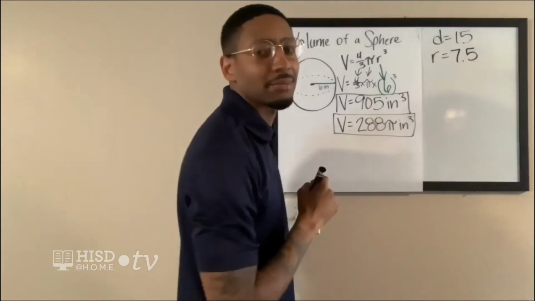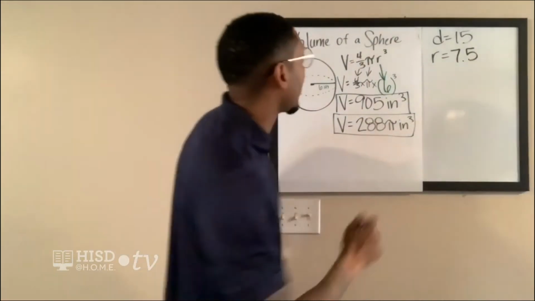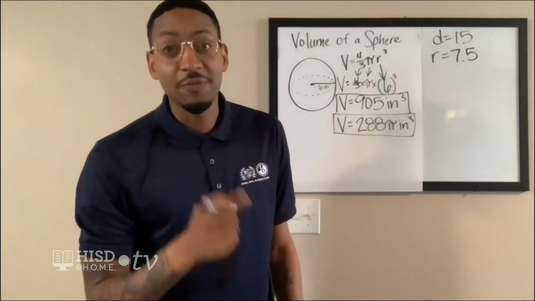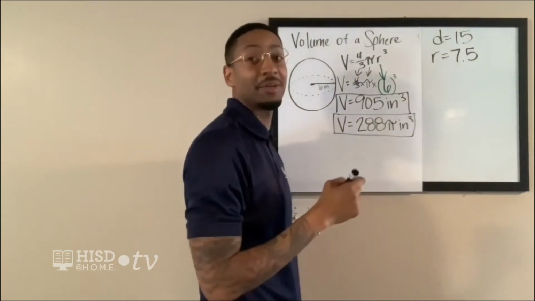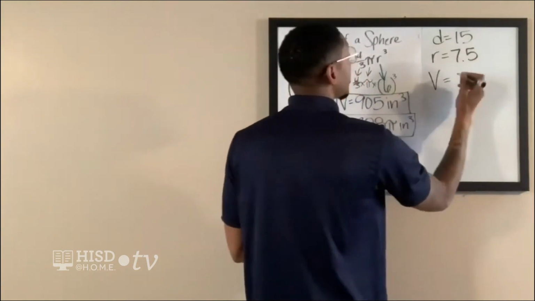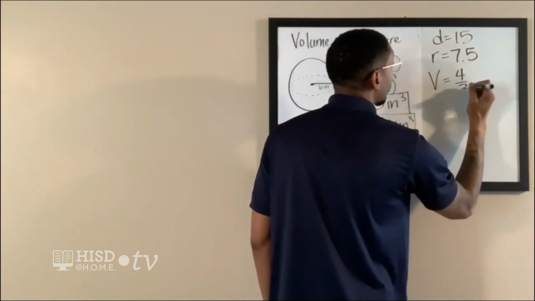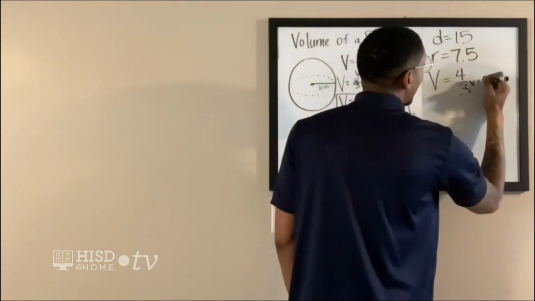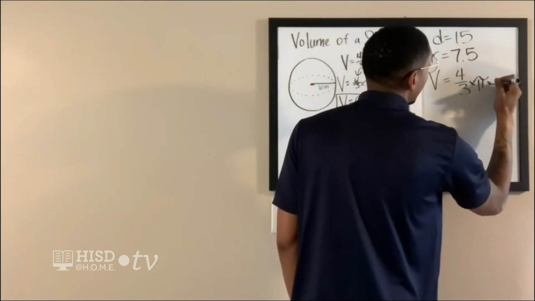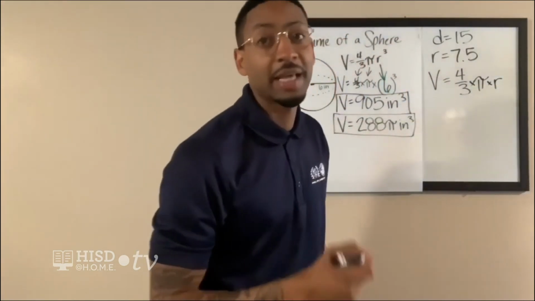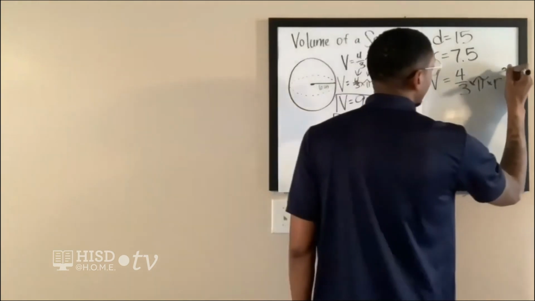Right, it's correct. Now, first things first, formula, exactly. So the formula is volume equals 4/3, not 3/4, times pi, times the radius to the what power? Exactly, to the power of 3.